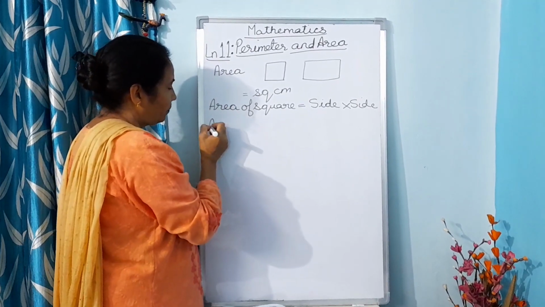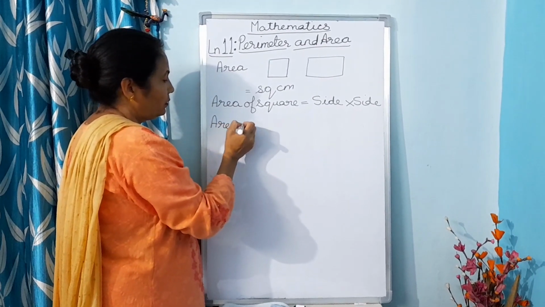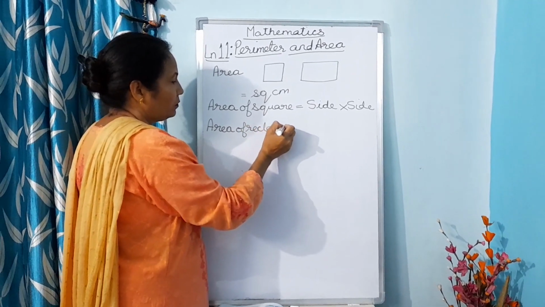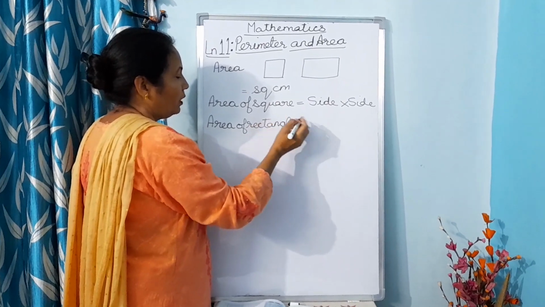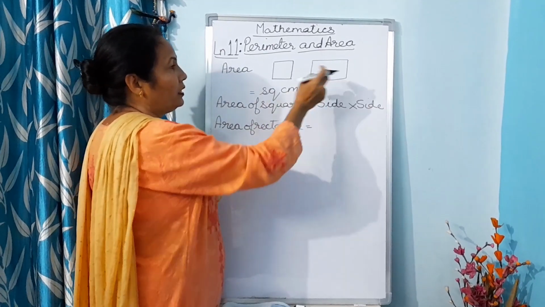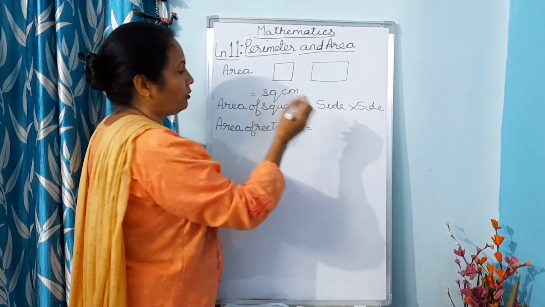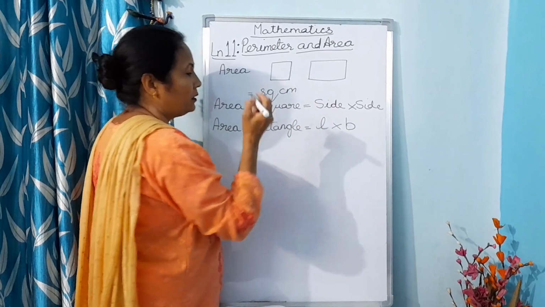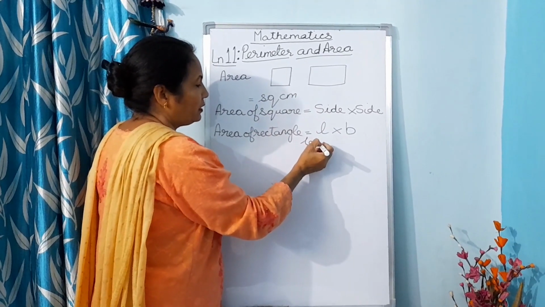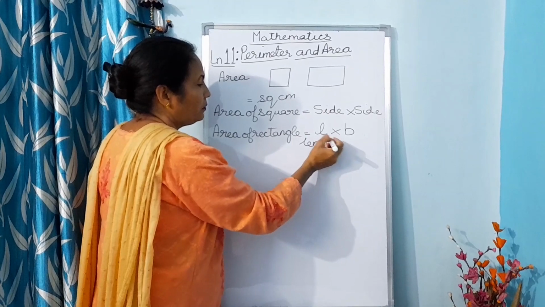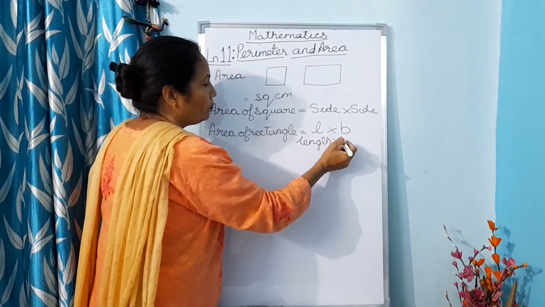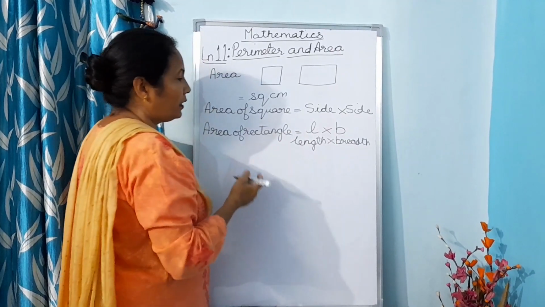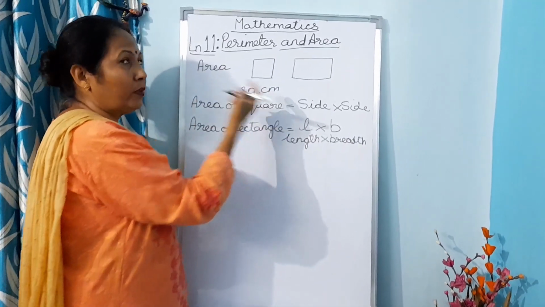Next is area of rectangle. Now children, in area of rectangle again the opposite sides are equal. So you are going to multiply length into breadth. That is, see, I am writing here length into breadth. Again in the answer you will write square centimeter.